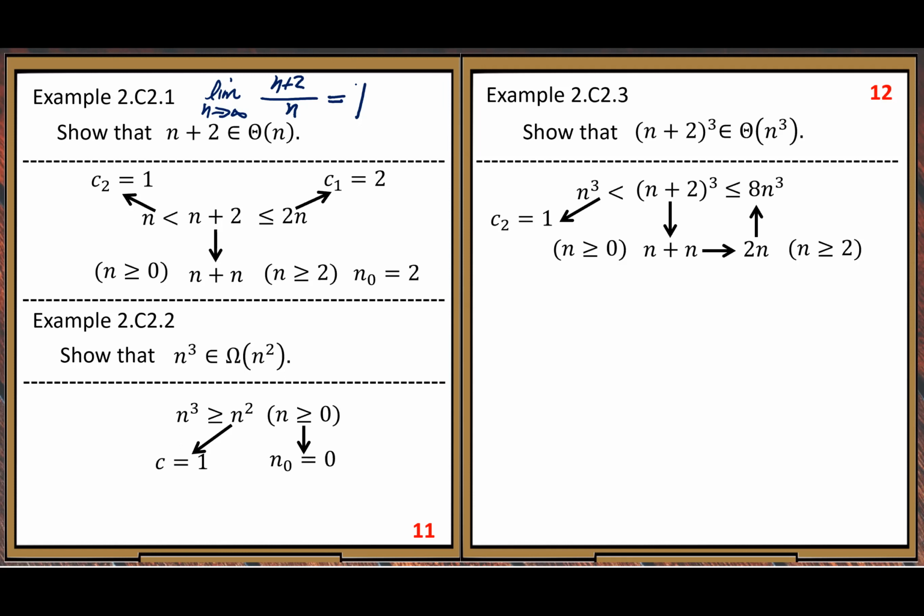So we get 8 times n cubed as the upper bound side. Constant C1 equals 8. So you will have C2, C1, and n0 equals 2. So we find the answer for this question.